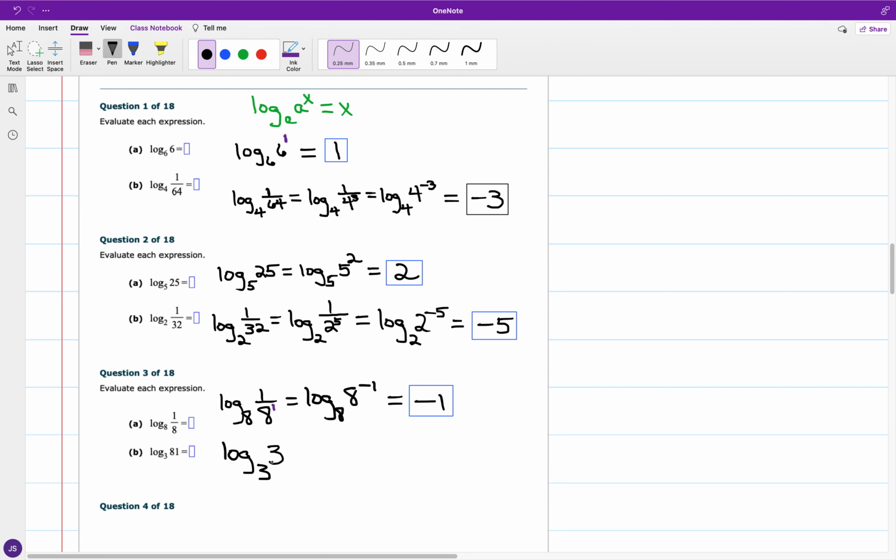So 81 is equal to 3 raised to the 4th. 3 times 3 is 9, times 3 is 27, and times 3 again comes out to 81. So here a is 3 and x is 4, so the base 3 logarithm of 81 equals 4.